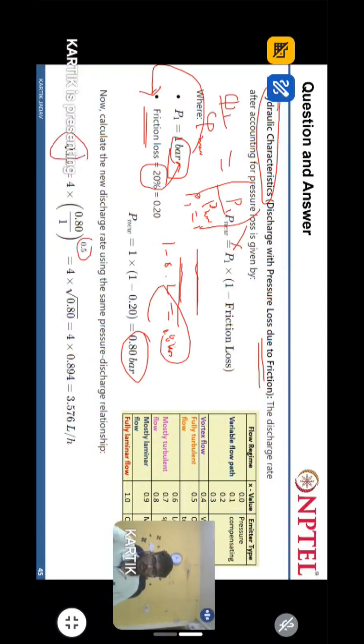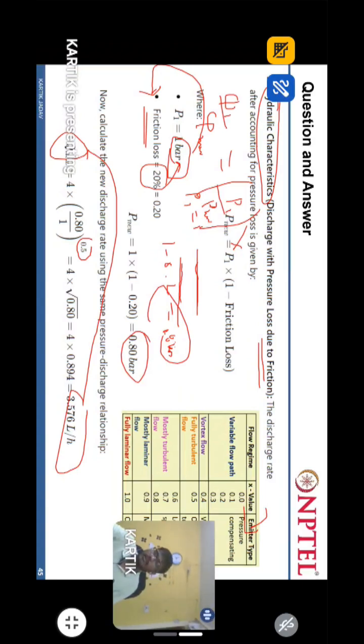So what is our new discharge? That is 3.576 liter per hour. And this is the characteristic of the flow regime of the emitter and the value of the emitter exponent. Based on that, we have classified the types of emitter.